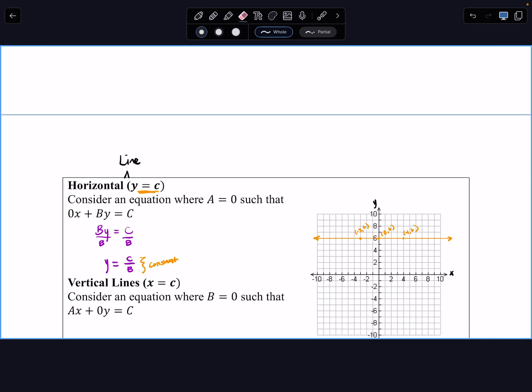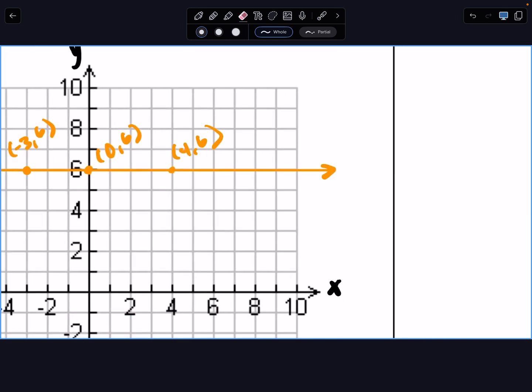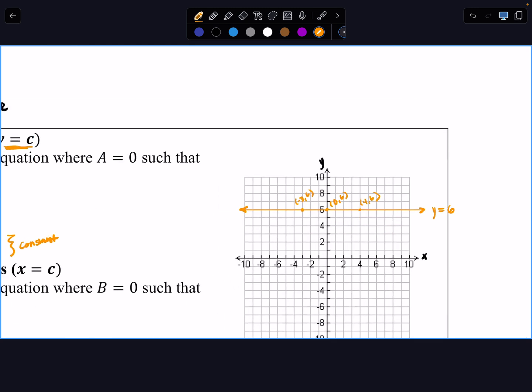So no matter what the x value is, and if we go back to standard form here, this makes sense. No matter what we think about the x value being, y always ends up being equal to 6. So the equation of this line would be y equals 6.